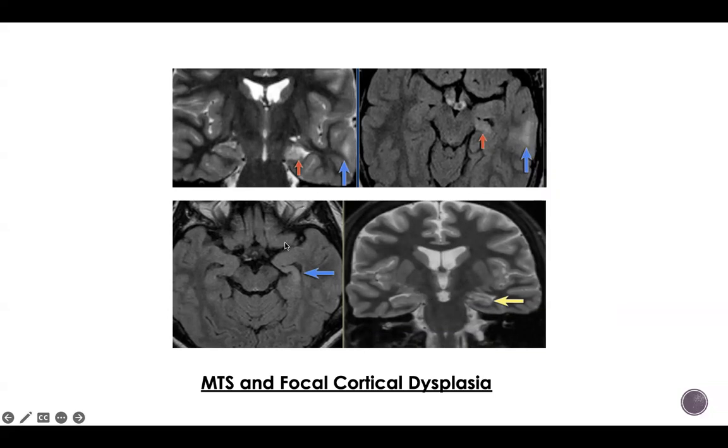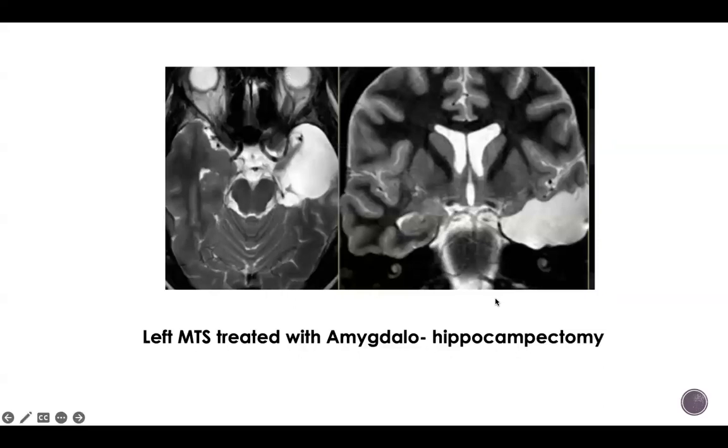In mesial temporal sclerosis, there is also volume loss of the hippocampal regions that could be represented by a prominent temporal horn, as well as loss of parenchymal volume, as you can see here, represented by the yellow arrow.